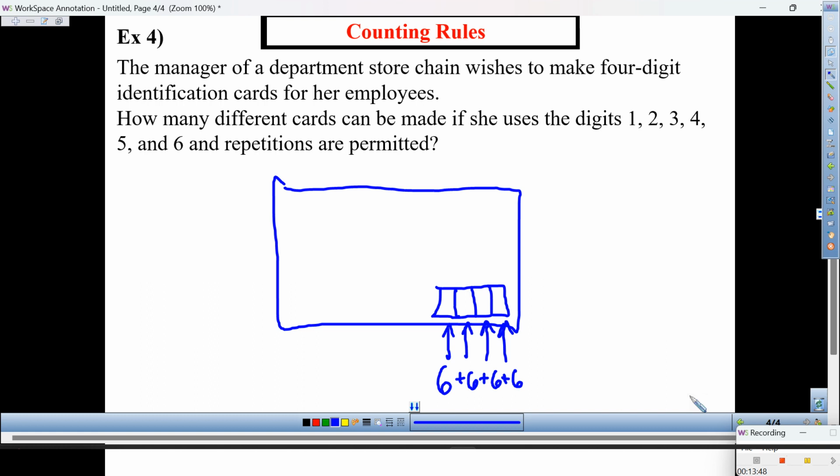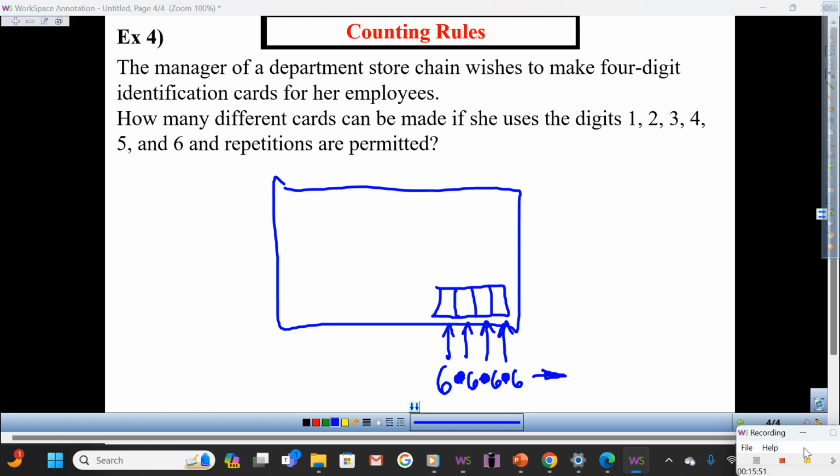Close, very close. Pass to someone, Caleb. Jaden? That is correct. Multiplication instead of addition. There's 6 options for the first slot, second slot, third, and fourth. Compute that and give me the total amount of IDs that we can come up with given that combination. Write that down, please.